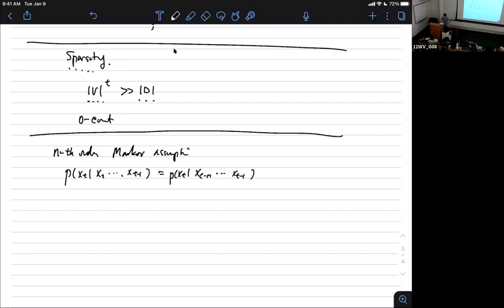What this allows us to do is to control the degree of sparsity with this n. So this n is the key here.